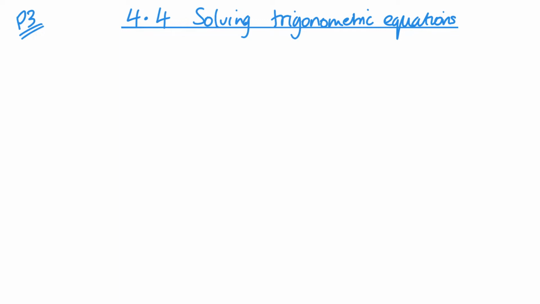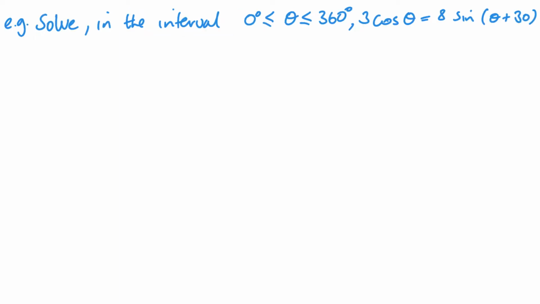Let's jump straight in. So for an equation like this, the first thing I need to be thinking about is, I've got my equation, but this part is the important bit. We need to get rid of that theta plus 30, and we want to use our addition formulae.